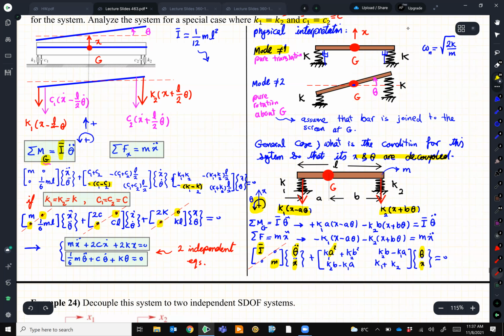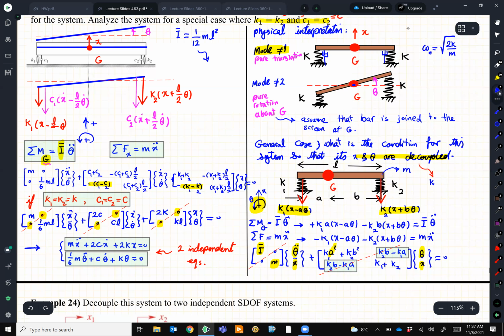And looking at the stiffness matrix, it's not diagonal, but luckily the off-diagonal terms are the same. And we know in order to have them decoupled, we need to set them equal to 0. So for decoupling, all I need is to set these two guys to 0.